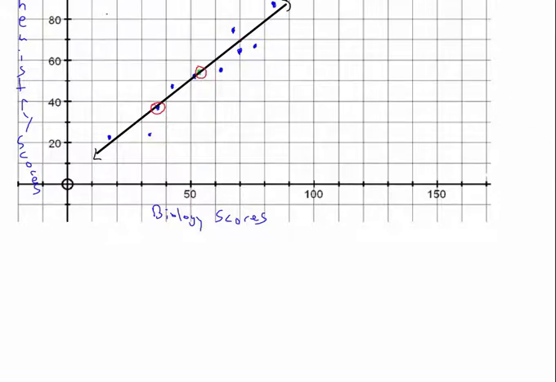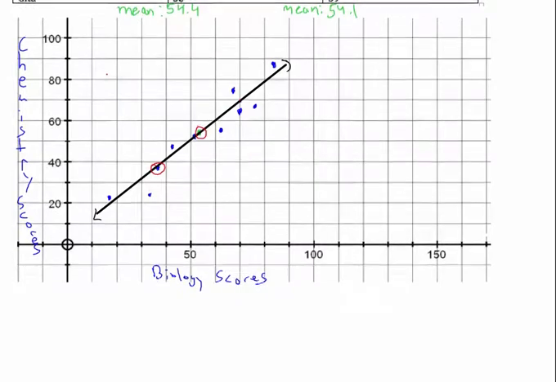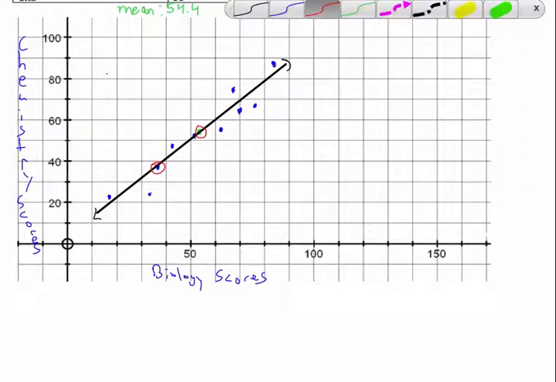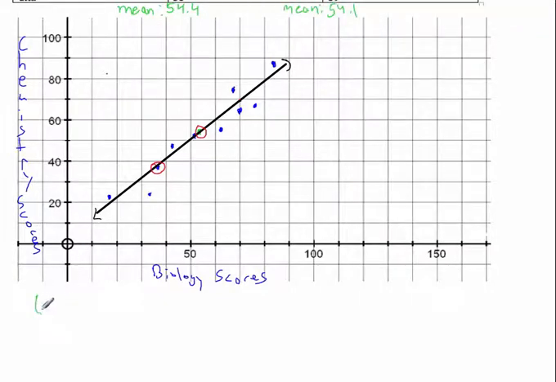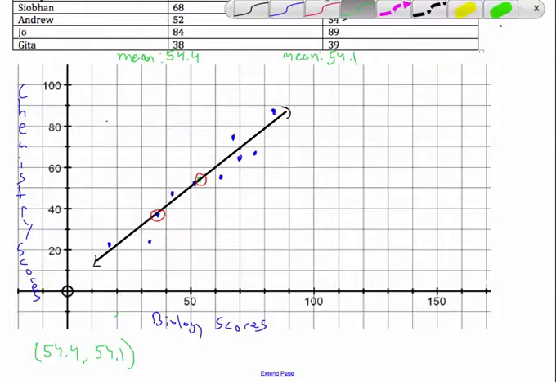Okay, so our point in green here, the mean point, well, we have the exact value right there. It is 54.4 and 54.1. Okay, and then our other point right here, well, that's the point that's at about 38 for the chemistry score.